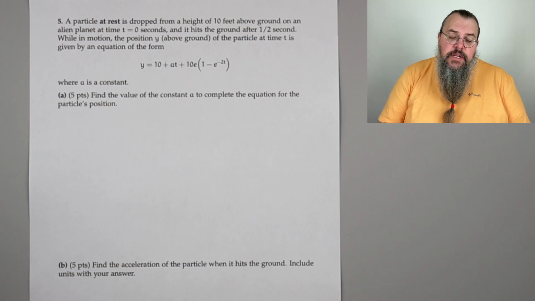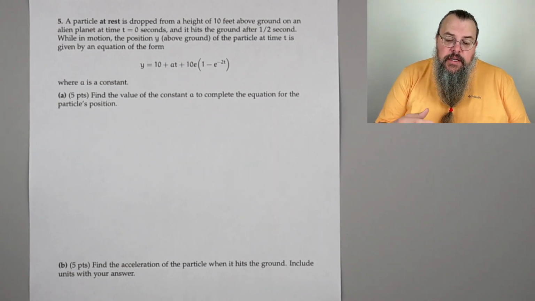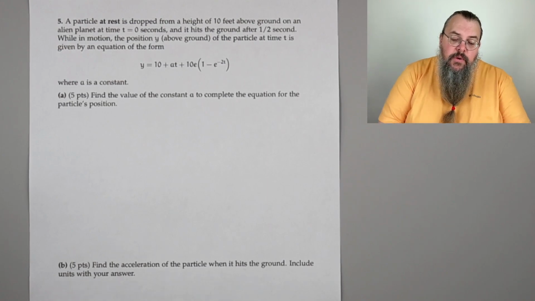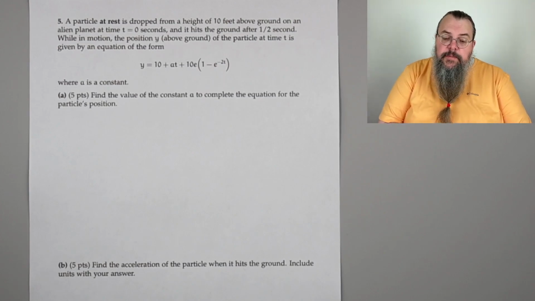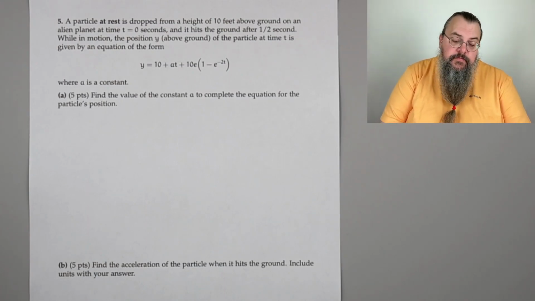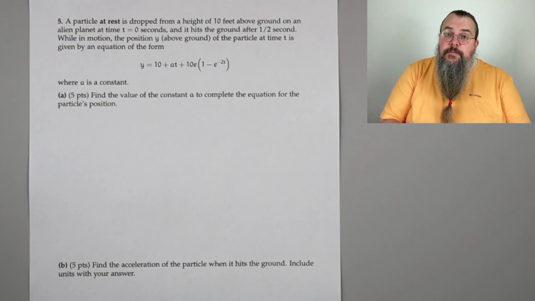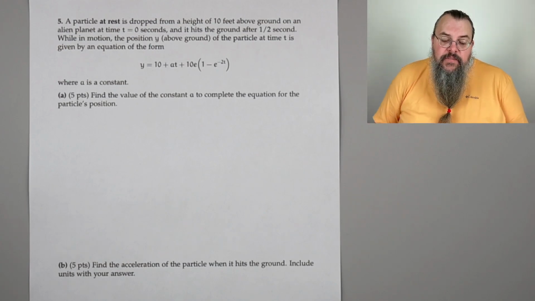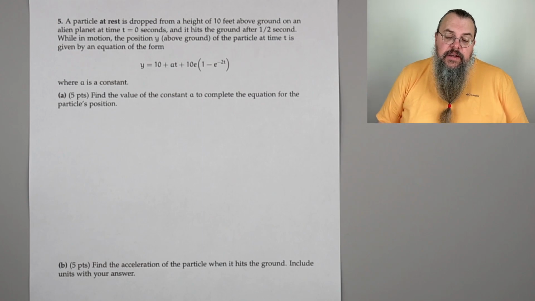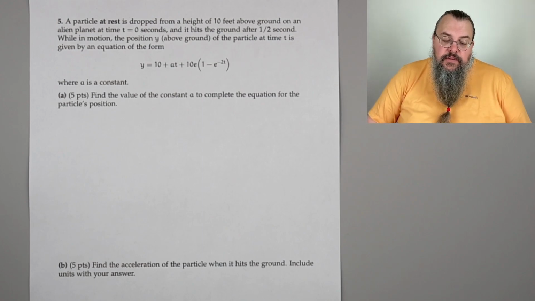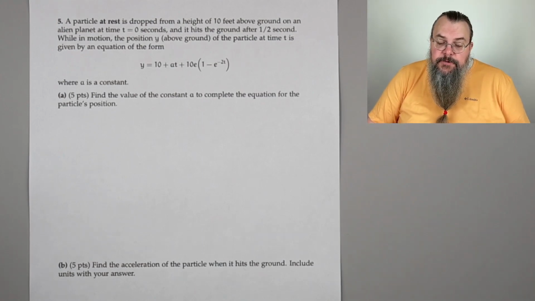While in motion, the position y above the ground of the particle at time t is given by an equation in the form y equals 10 plus a times t plus 10 times e times 1 minus e to the minus 2t, where a is a constant. All right, part A. Find the value of the constant a to complete the equation for the particle's position.